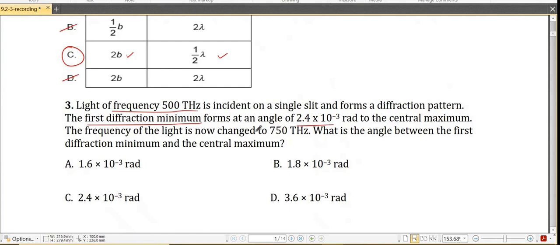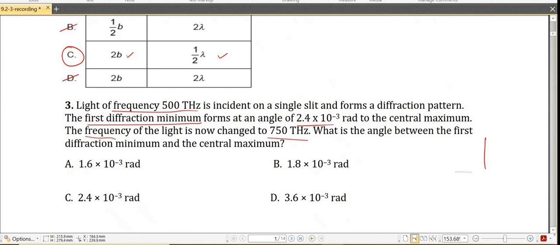The frequency of the light is now changed to 750 terahertz. So the frequency has increased. So what will happen to lambda? Lambda decreases. What is the angle between the first diffraction minimum and the central maximum?